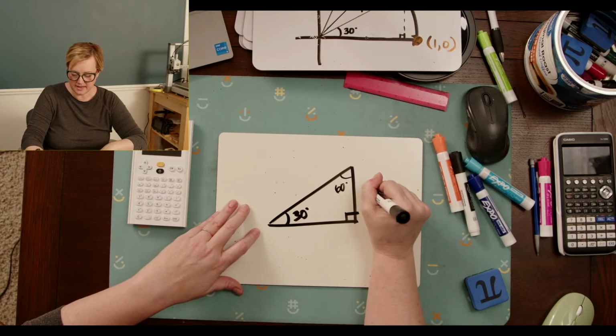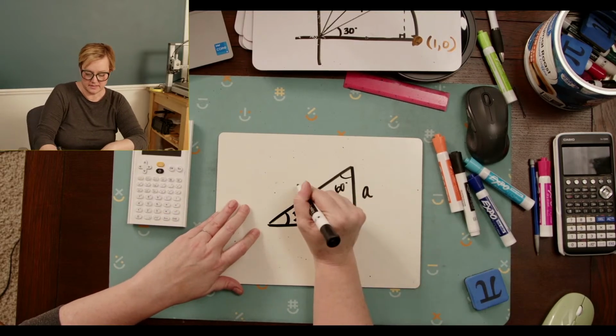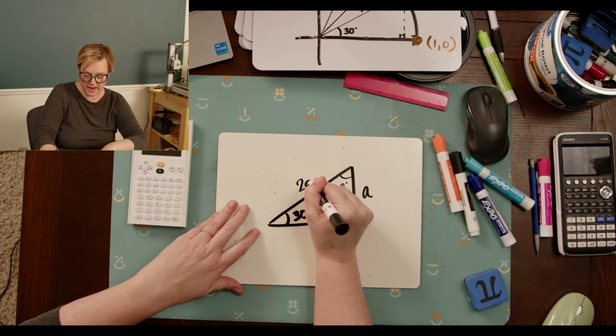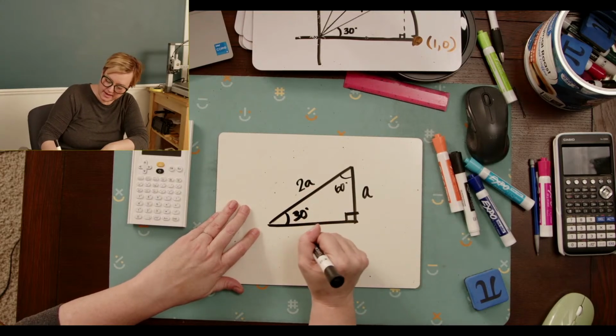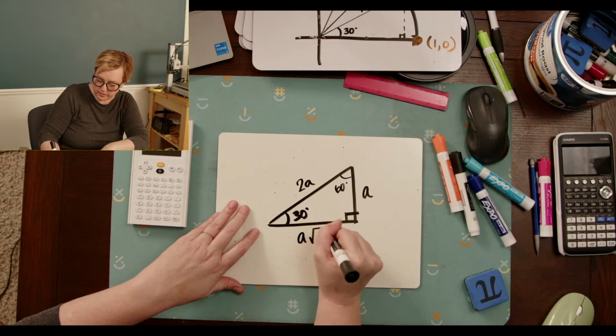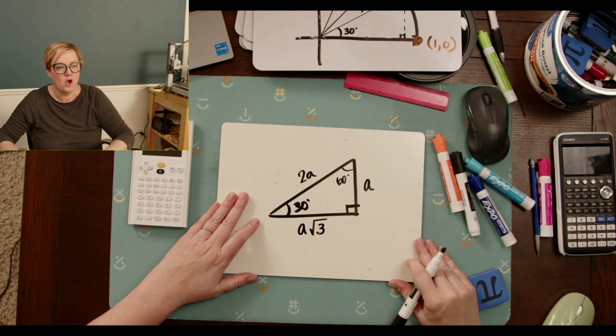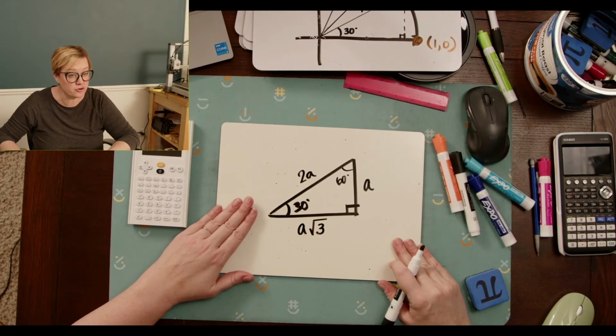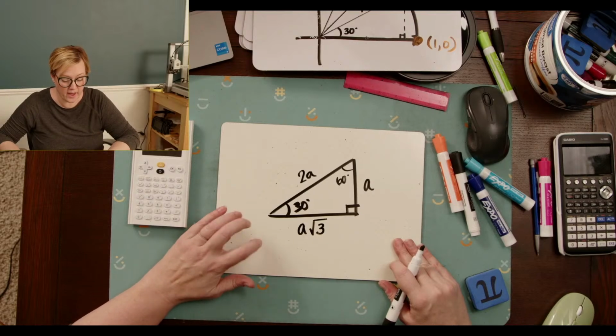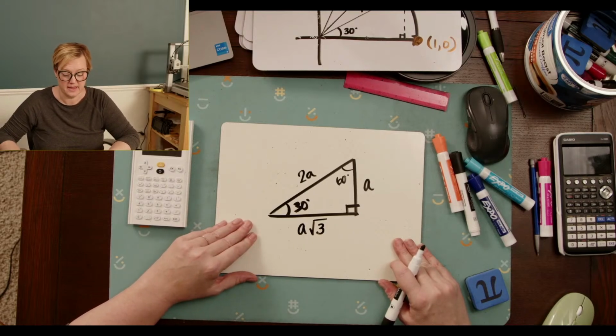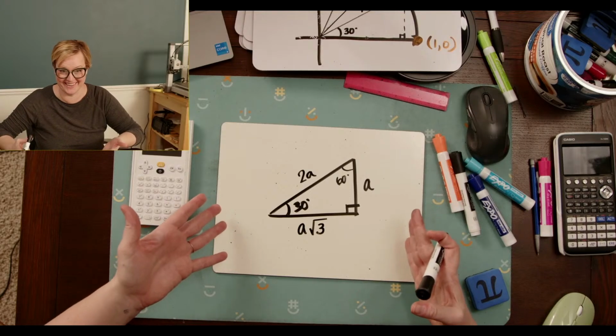This side is A, this side is 2A, and this side is A times root 3. Hopefully, if you are doing trig, you have learned the special right triangles. If not, here it is.